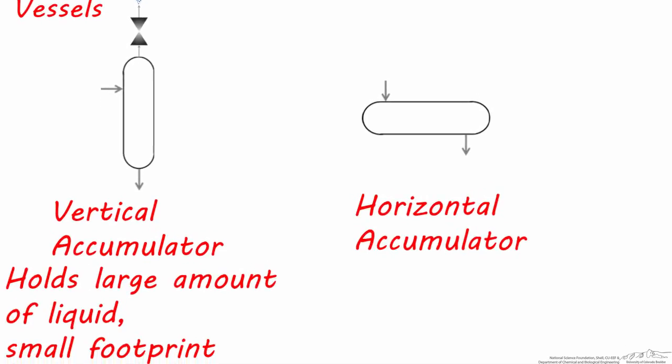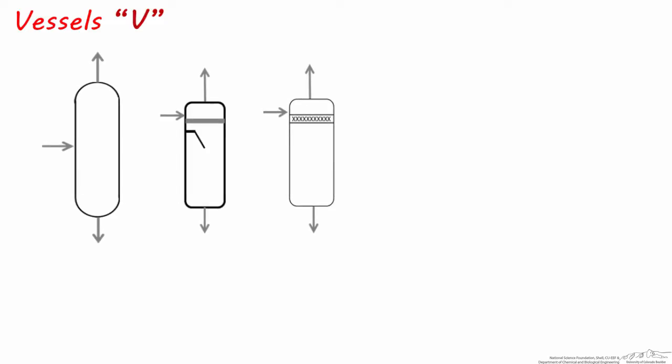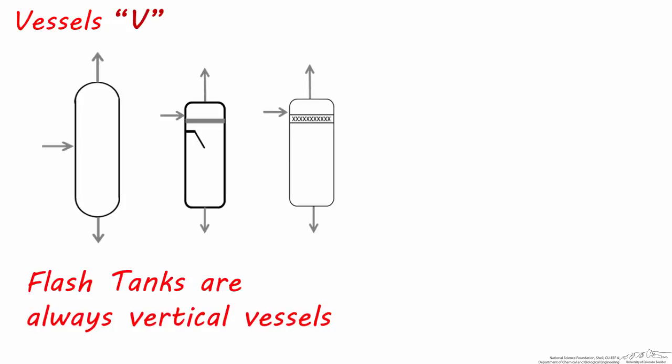Horizontal tanks are typically used for smaller volumes, such as for holding and draining a reflux stream for a distillation column. In contrast, because flash tanks are single-stage distillation columns, and distillation requires a vertical tower, flash tanks will always be vertical, never horizontal.